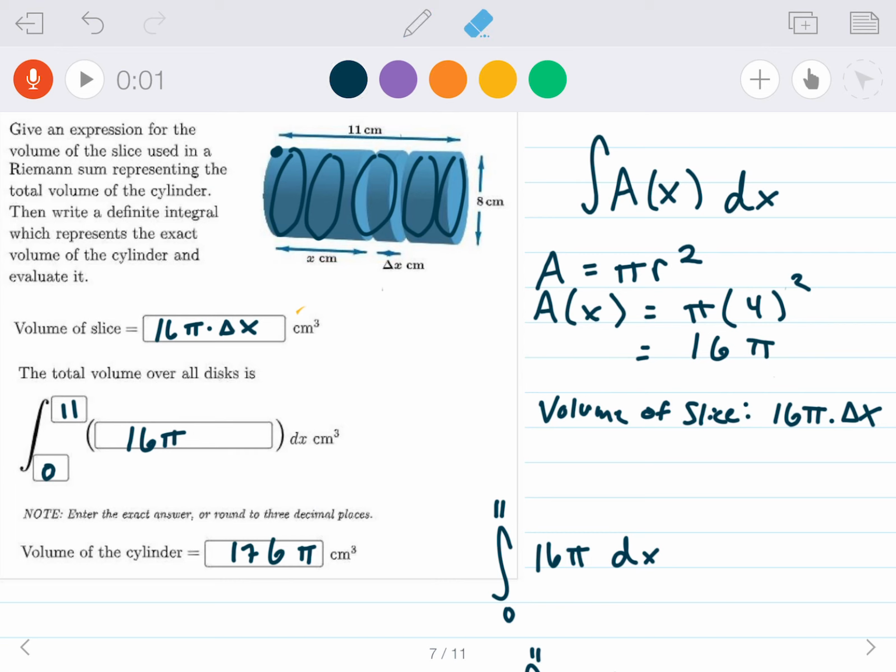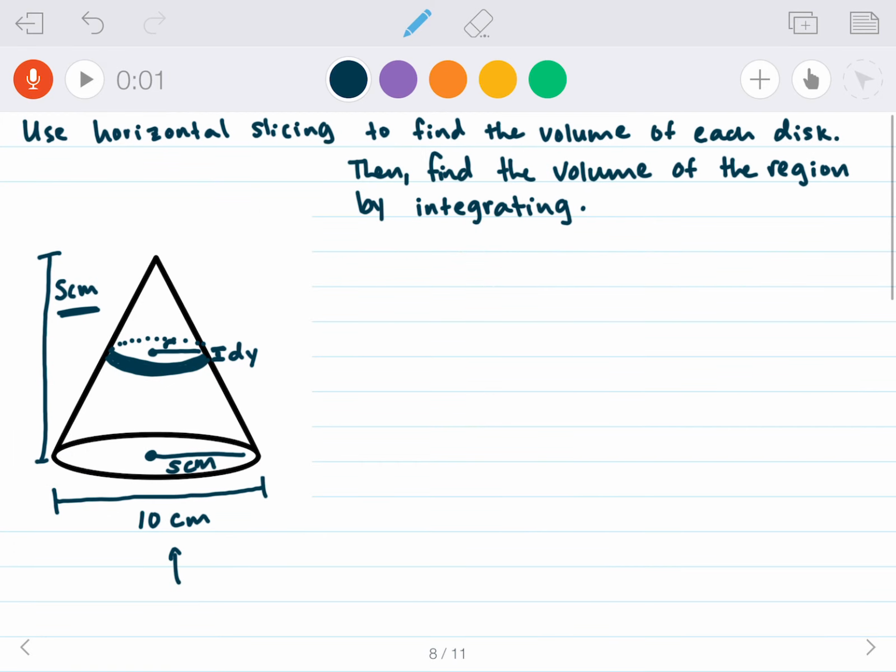Well, here we're integrating along the horizontal axis, and we started here and just kept adding more and more of these skinny disks. But the radius never changed. The radius remained constant. However, in this example, we can see that the radius is changing as the height changes.